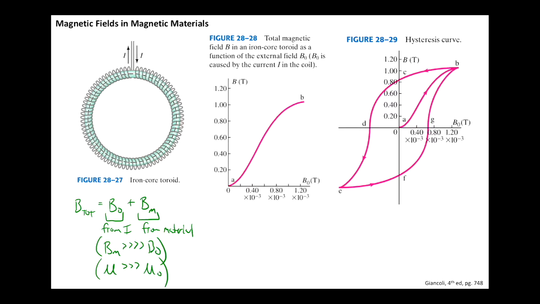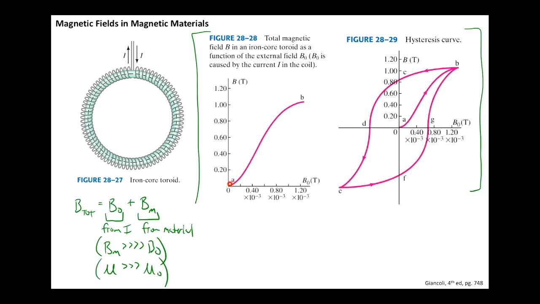So let me see if I can describe these two graphs and give you some feel for how the material responds when I increase the magnetic field and it starts to have an alignment and it gives me an additional magnetic field. And then what happens when I turn off the external magnetic field and I'm left with a magnetized material. So first of all, notice the graph in the middle.